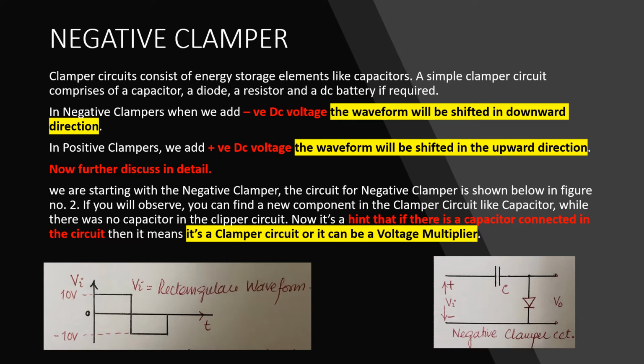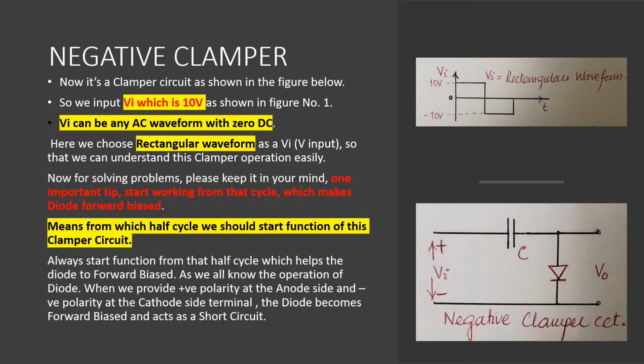That is the difference between a clipper and a clamper circuit. It's a hint that if there is a capacitor connected in the circuit, then it means it's a clamper circuit, or it can be a voltage multiplier. Now it's a clamper circuit as shown in figure number 2.